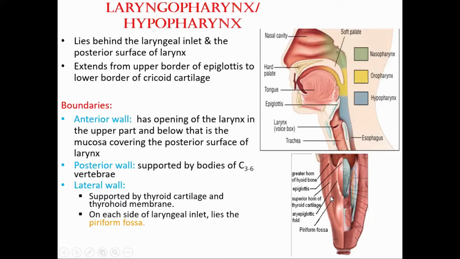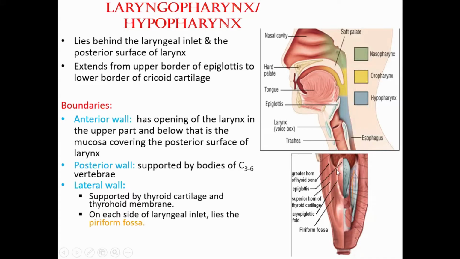You know the thyroid cartilage is V shaped. The cricoid cartilage is ring shaped. Anteriorly, it is the smaller one, called the arch. But the posterior is broad, named the lamina of the cricoid cartilage. So the lateral wall presents the thyroid cartilage and the thyroid membrane. And you know all these things because we have studied them in the system.